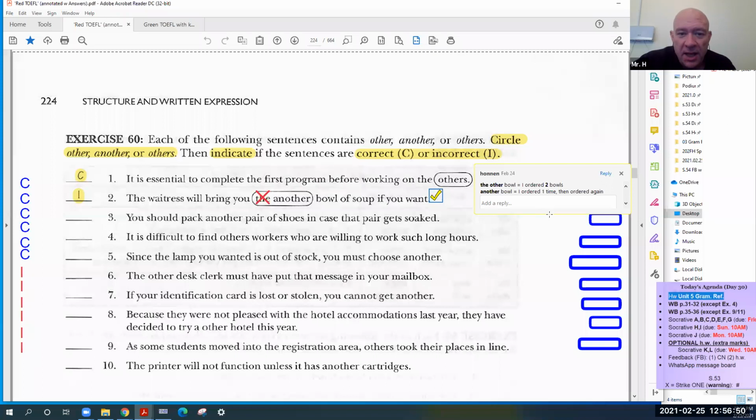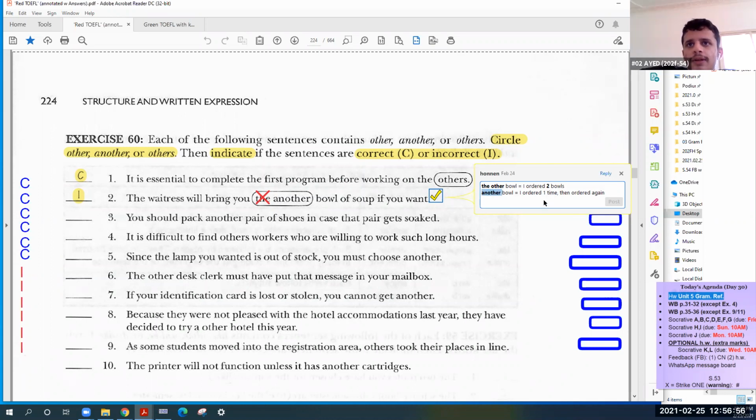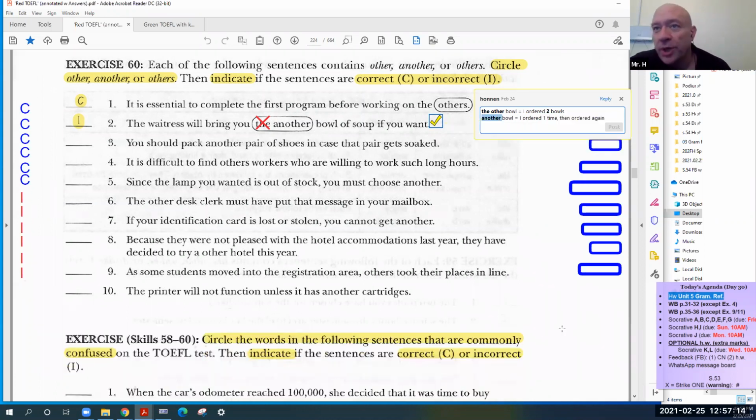And then how about another? Another bowl: I ordered one time, then I ordered again. I ordered a bowl. It was delicious. I decided I want a second bowl, so I ordered another. Do you understand? Okay, all right, gentlemen, do it.